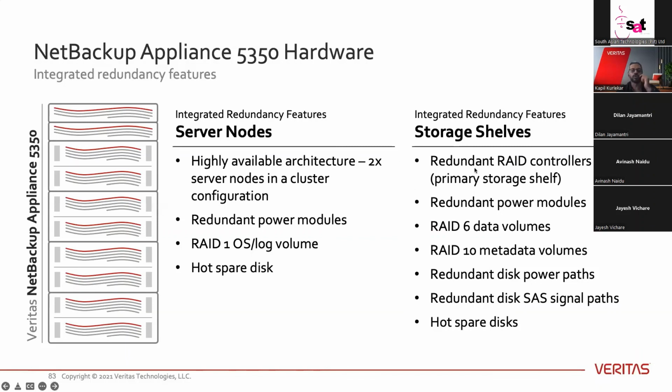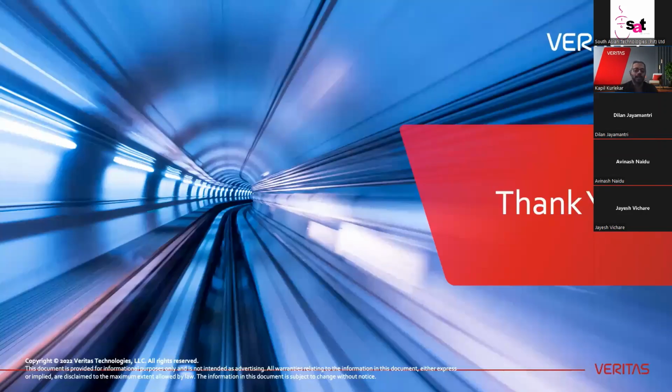For the storage nodes or storage shelves, there are redundant RAID controllers, redundant power modules, RAID 6 data volumes, RAID 10 metadata volumes, redundant power disk paths, a hot spare disk, redundant SAS signal paths, and so on. All right, so that is what I had on NetBackup and NetBackup appliances.